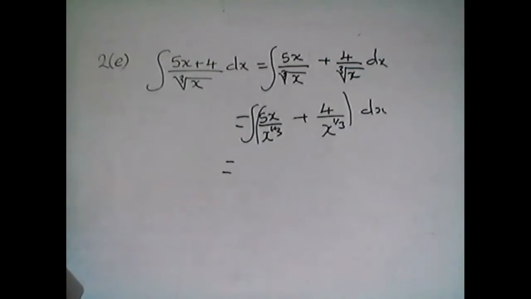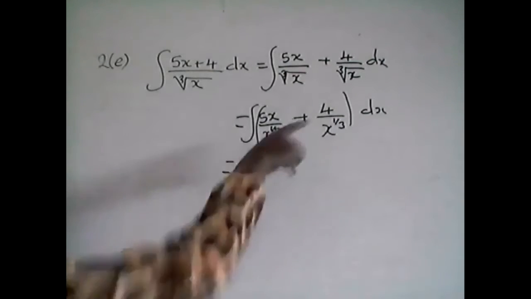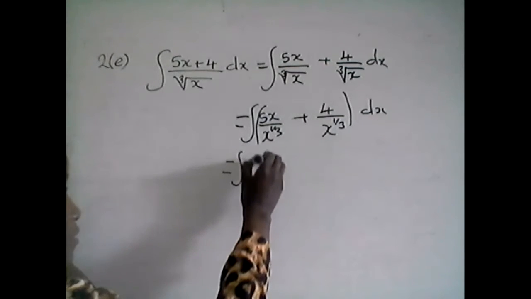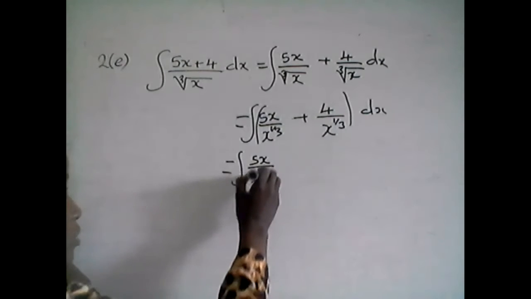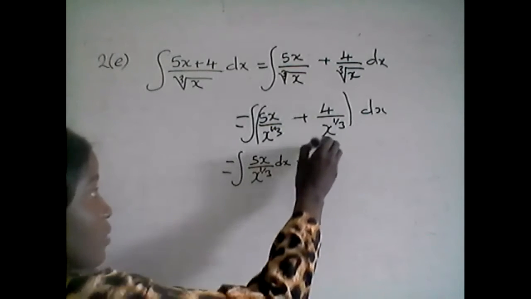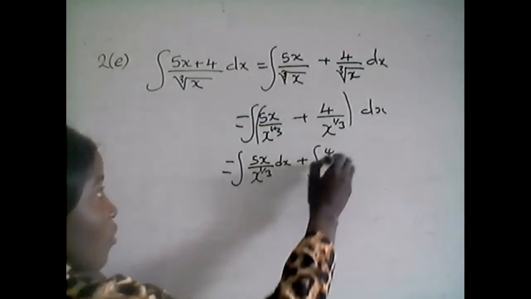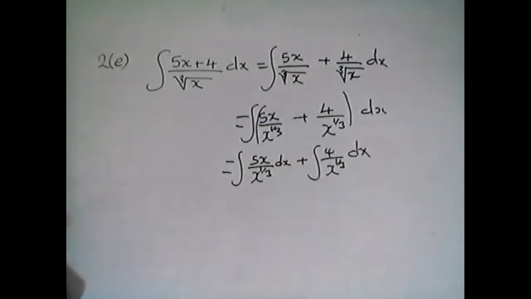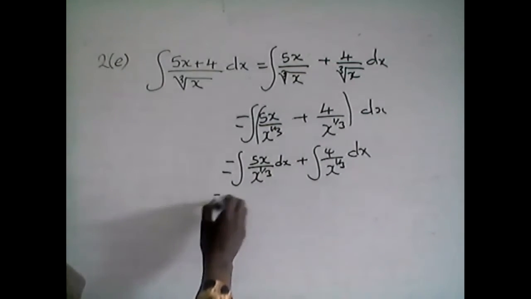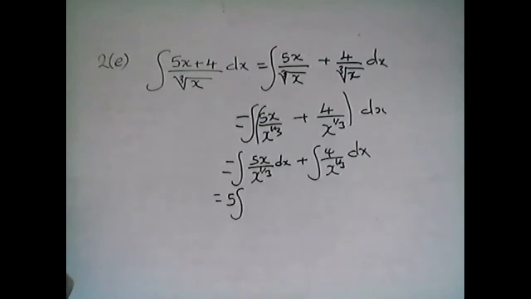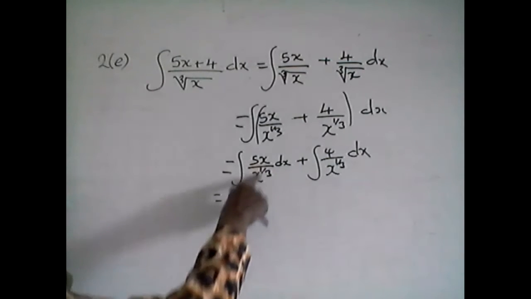Using the linearity property, I'll distribute the integral. So the integral of 5x over x^(1/3) dx plus the integral of 4 over x^(1/3) dx. I can factor out 5 here, and we remain with x divided by this.